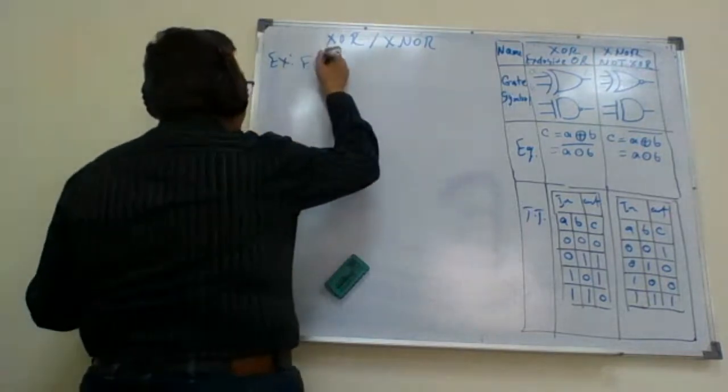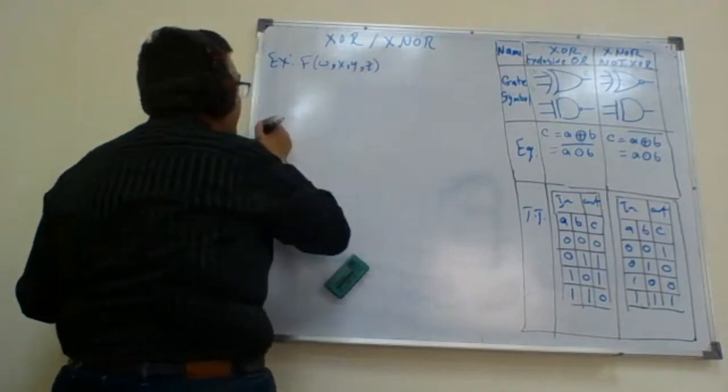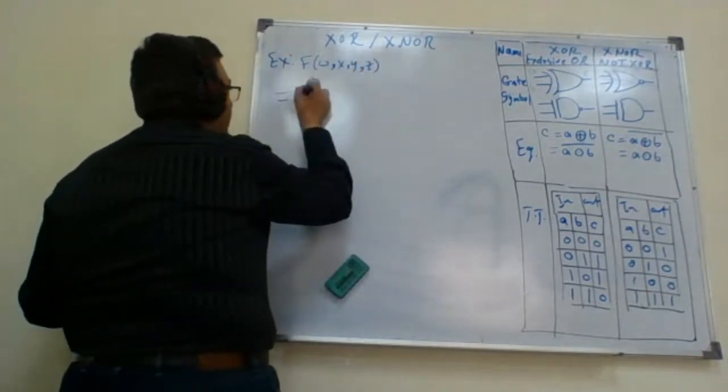Assuming that I have a function f of w, x, y, and z. And here is the equation. So I have w.